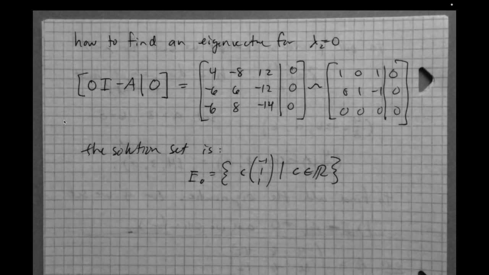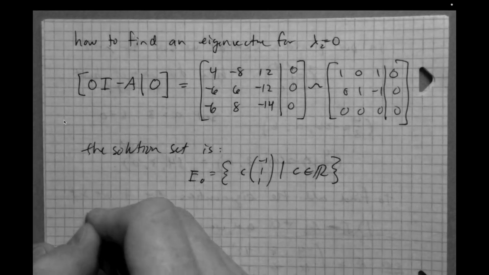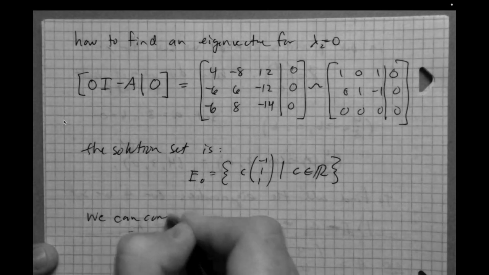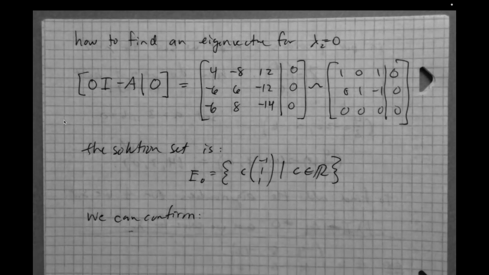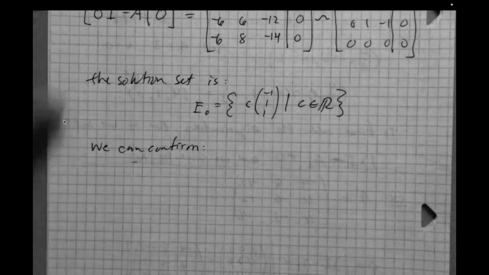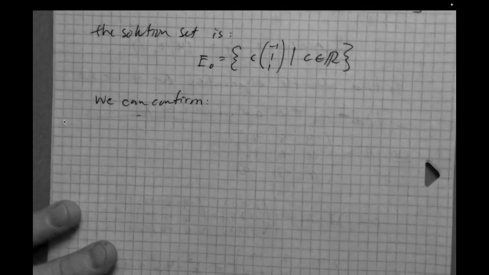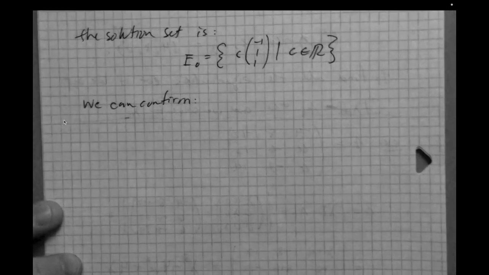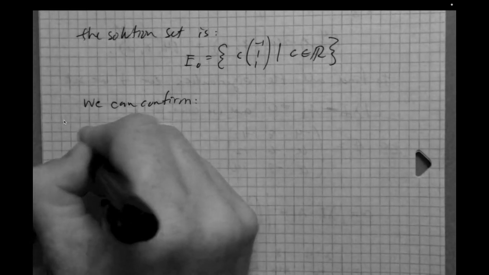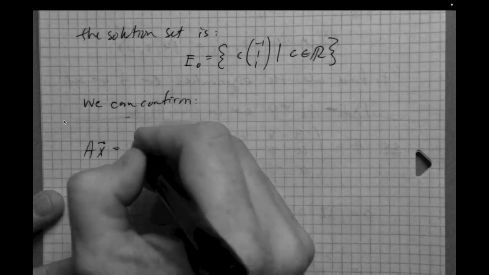eigenspace for lambda equals 0, and we can confirm. Right? How would we confirm that this is an eigenvector and that lambda equals 0 is an eigenvalue? Well, I mean, the way we identified them kind of is confirmation enough, but we could just do the multiplication here, right?